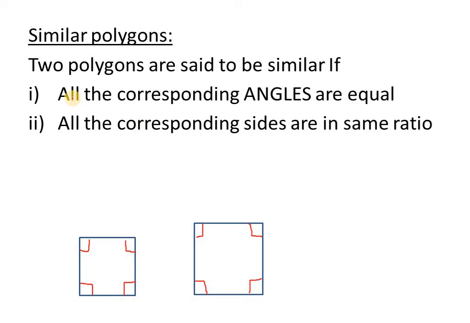All corresponding angles are equal, and all the corresponding sides are in the same ratio. What I marked with a single mark is the corresponding side. Here I will draw one more mark. This side corresponds to this side. Like this, the third and fourth sides, all four sides correspond to each other.